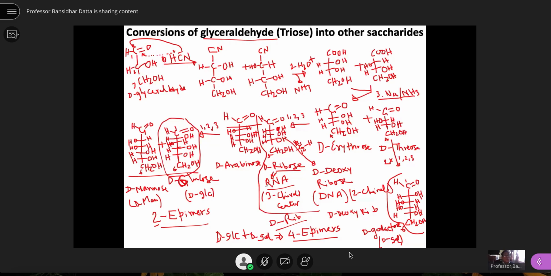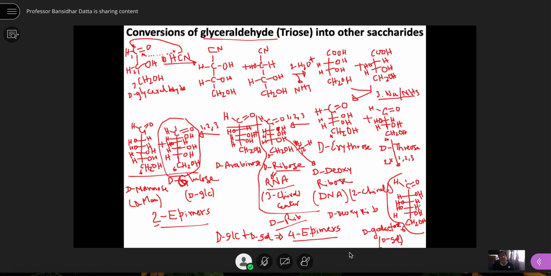So D-glucose, you have carbon number 6, CH2OH, carbon number 5, HOH, carbon number 4, OH and H. So that's the difference.